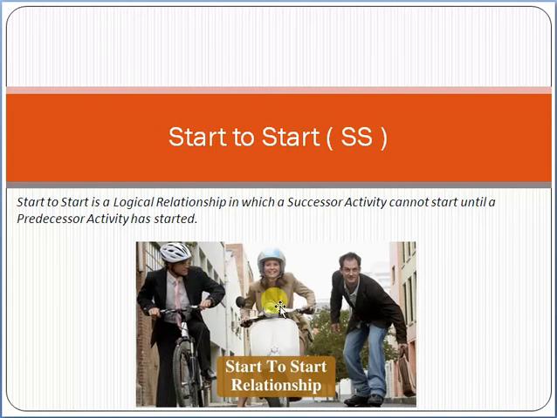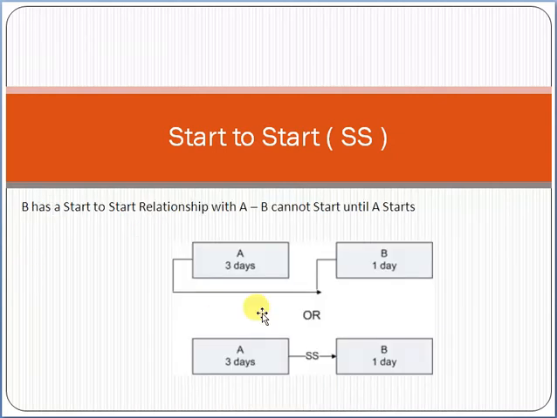So start to start means that both activities will start simultaneously. Normally it is shown as double S as well as start to start. So B will start only when A starts. In simple words, B has a dependency on A. When A starts, then B will start. Are you getting my point? This is called the concept of start to start.